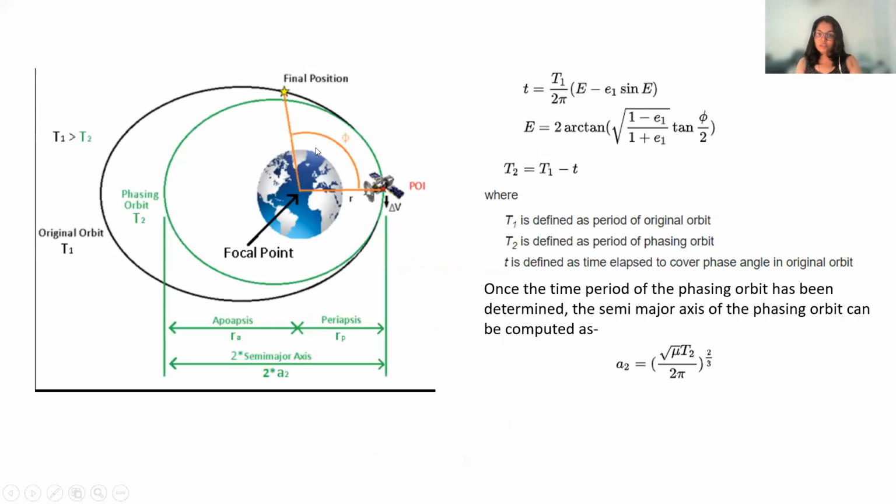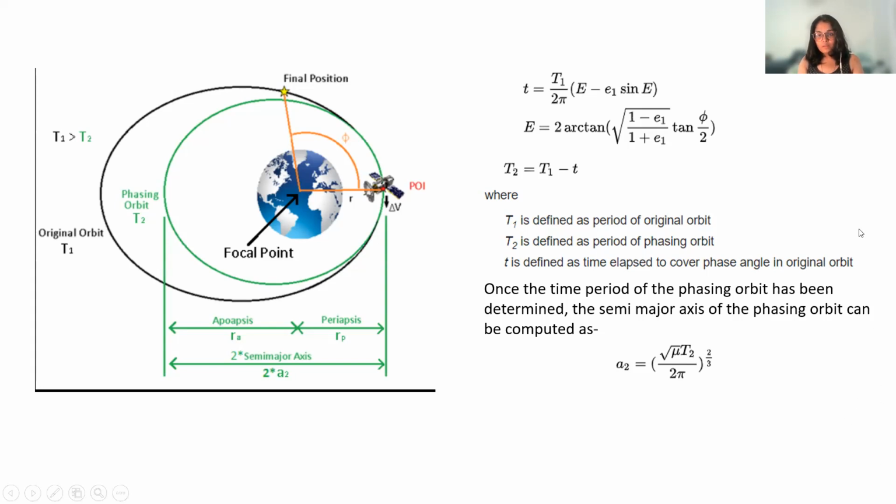The amount of change of the location required is measured in terms of phase angle, and this phase angle is further used to compute the amount of time required to make that location change happen using the Kepler's equations as shown over here. Once we know the amount of time required for the location change to happen, we can use that to find out the time period of our phasing orbit. And once we have the time period, we can compute the semi-major axis, apoapsis, and periapsis of our phasing orbit.